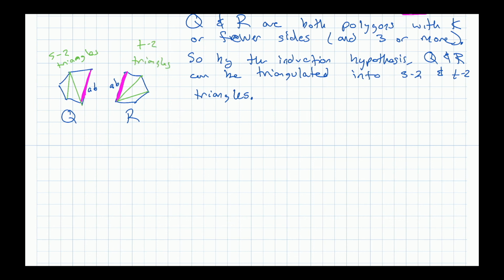And so if you can triangulate Q and R, then you put them back together and you have a triangulation of P, the original polygon.